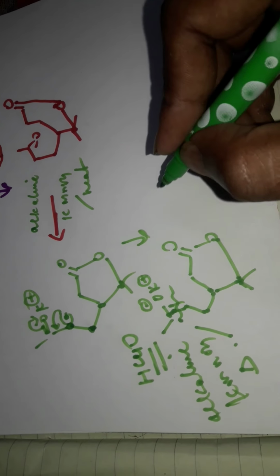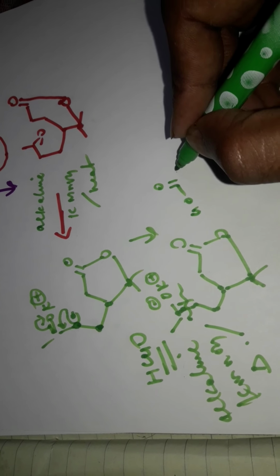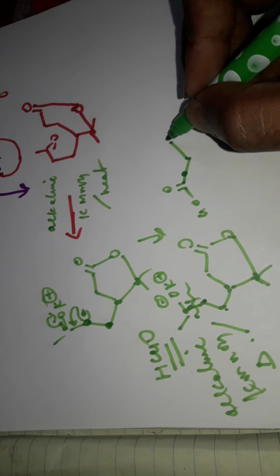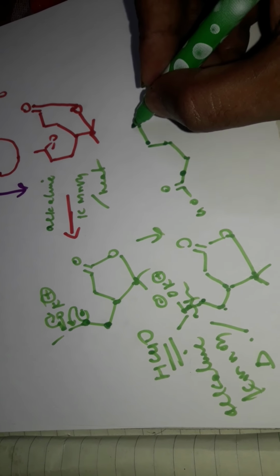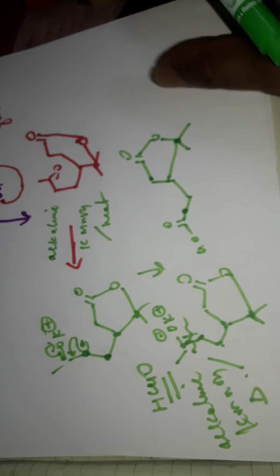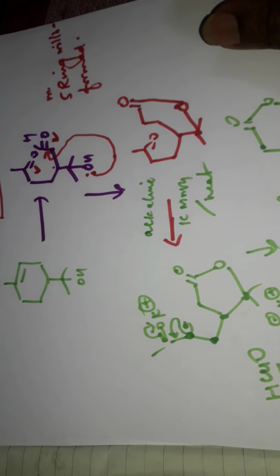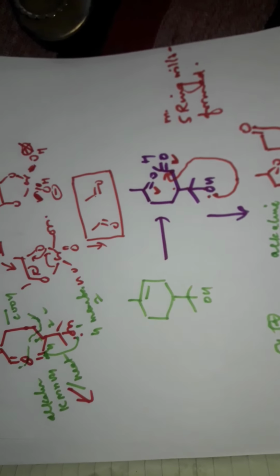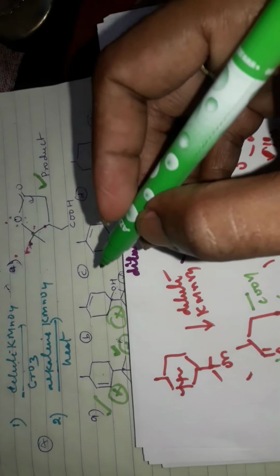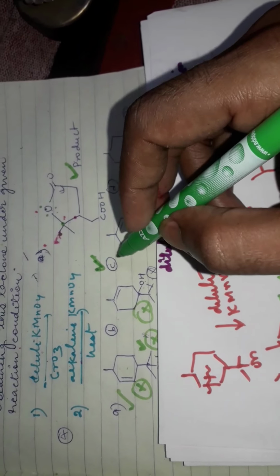So your product should be like that. You will find your product through the mechanism, and here if you see, this is your product. The same product is formed after this mechanism. So friends, you should very carefully draw the mechanism by which you can obtain the product. So the correct answer will be C.